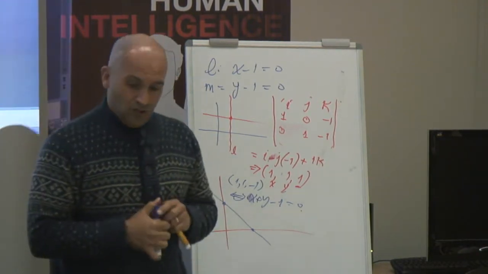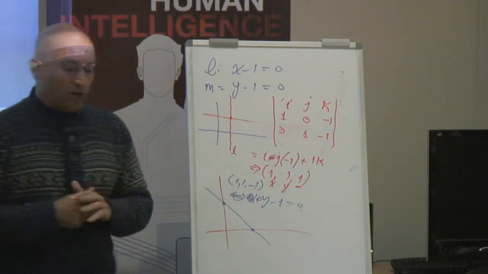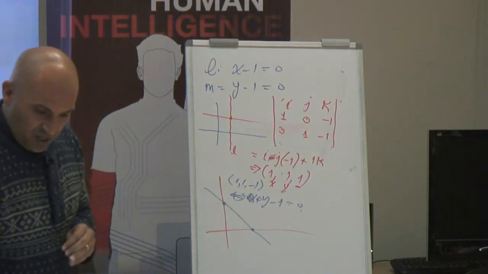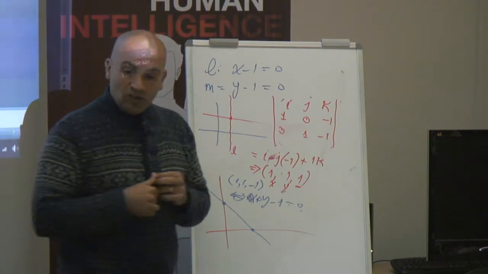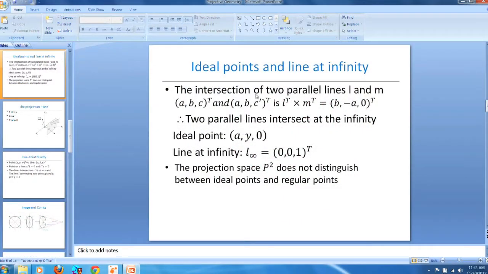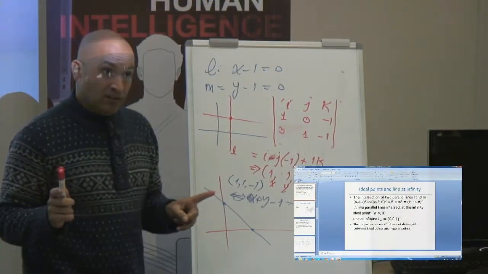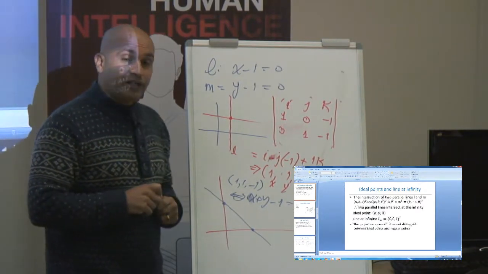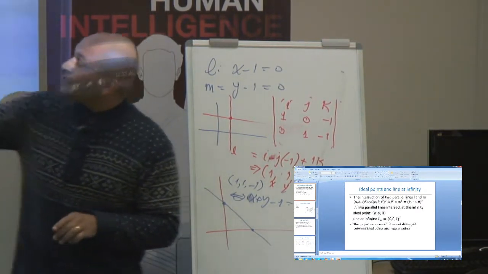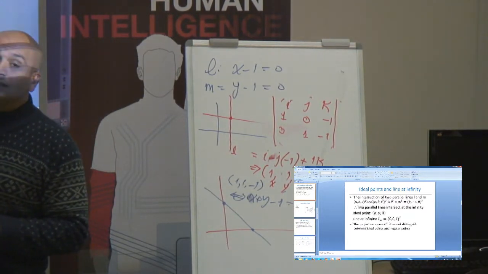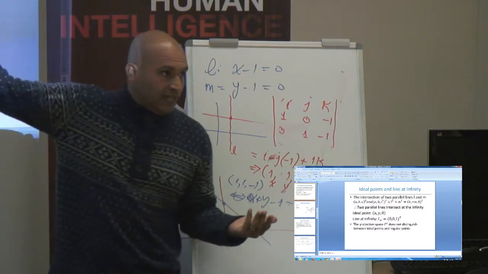That clear? Okay. So this is the part we are talking about. Now, one thing we will call the ideal point, or the line at infinity. When we talked about the intersection of 2 lines, we take the cross product of them. In Euclidean geometry, if they are parallel, then they don't intersect. Here, any 2 parallel lines, we can write as A, B, C and A, B, C prime.